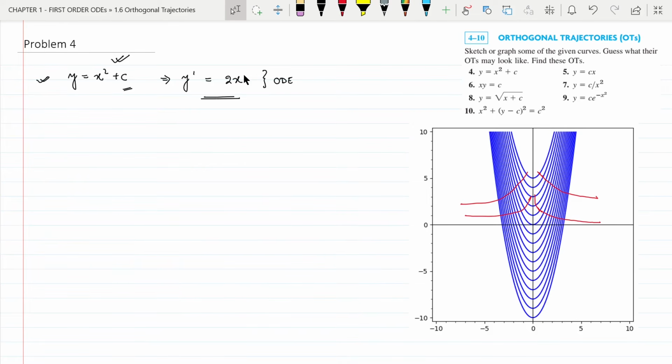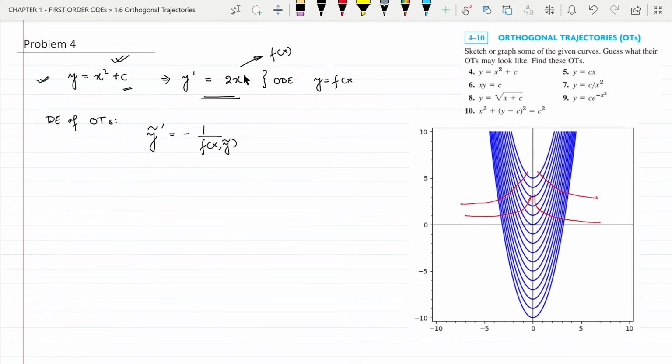So let us find the ODE of the orthogonal trajectories. The differential equation of the OTs is y tilde dash equal to... if this ODE is in the form y dash equal to f of x, we have to write y tilde dash equal to minus 1 by f of x, y tilde.